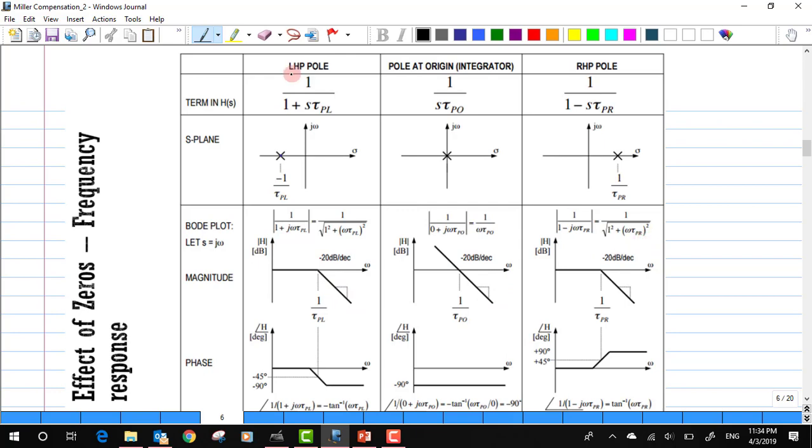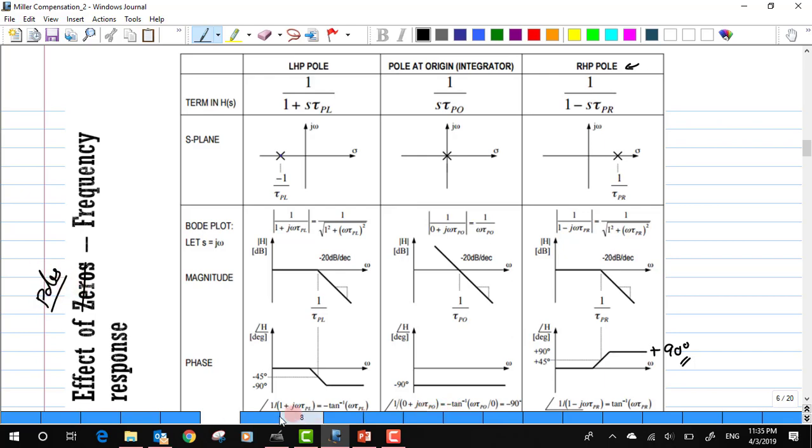But when I have a pole on the left hand side or at the origin, generally these poles induce a maximum phase shift of minus 90 degree, okay. But the moment the pole appears on the right half of the s plane, the phase value of this particular pole induces plus 90 degree phase shift, okay. Which is exactly opposite in behavior with respect to the 0 that we have discussed before. So this is the response of the poles, okay.